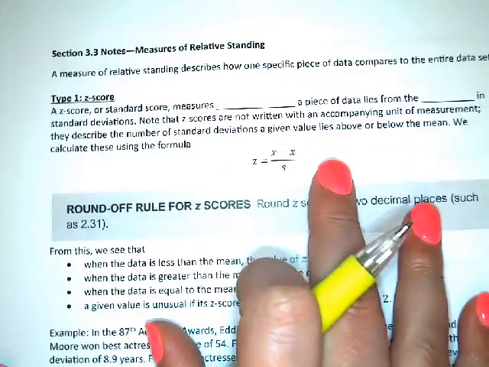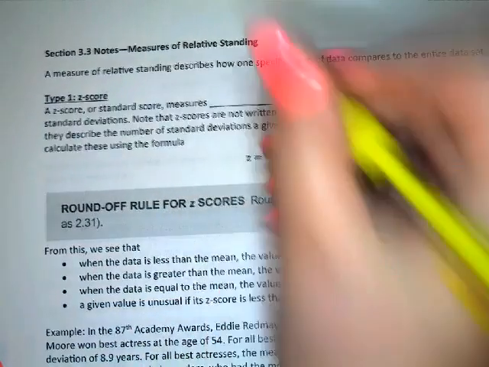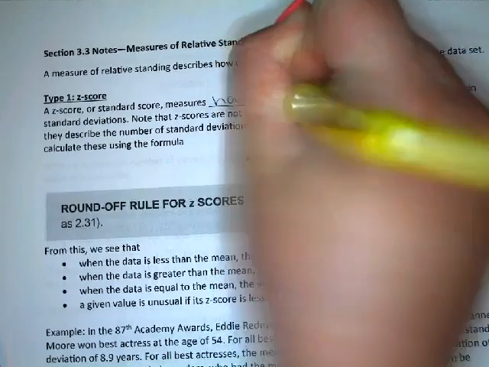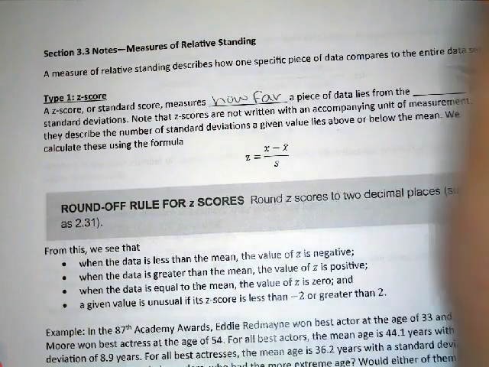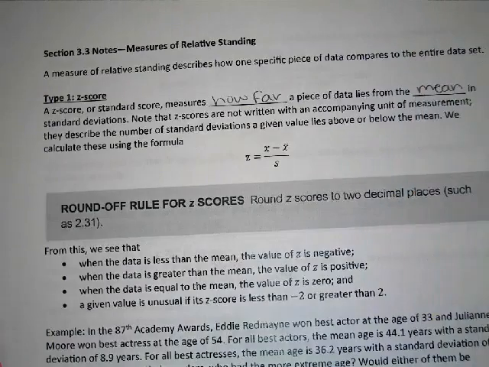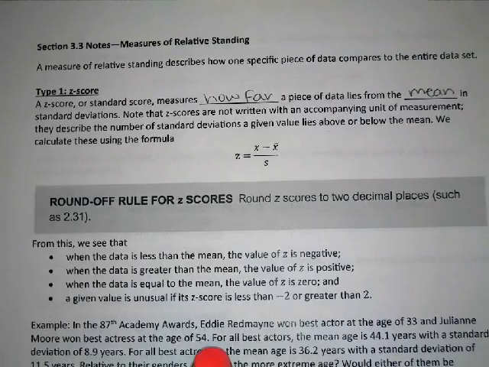The z-score is a standard score which measures how far a piece of data lies from the mean, and this is in terms of standard deviations. So z-scores are not written with a unit of measurement, and this is different than what we had before.